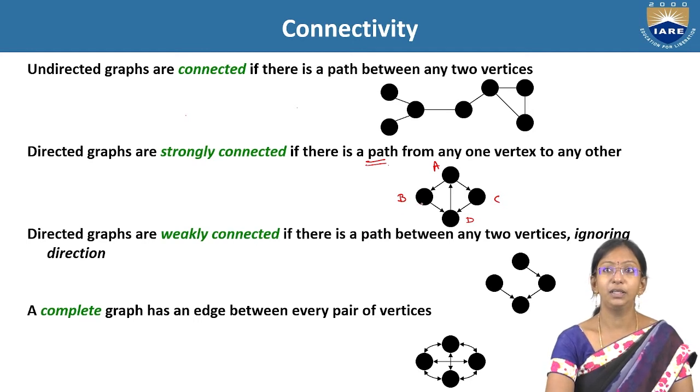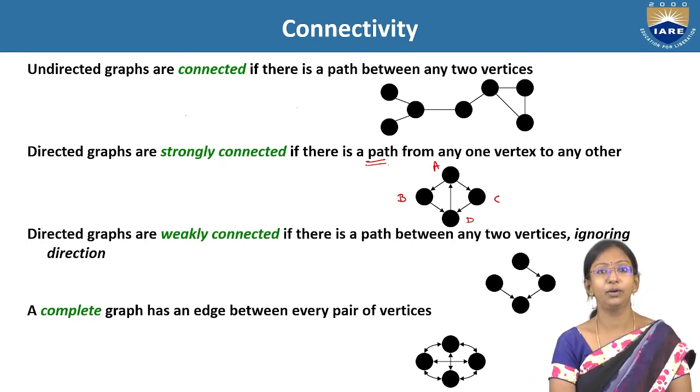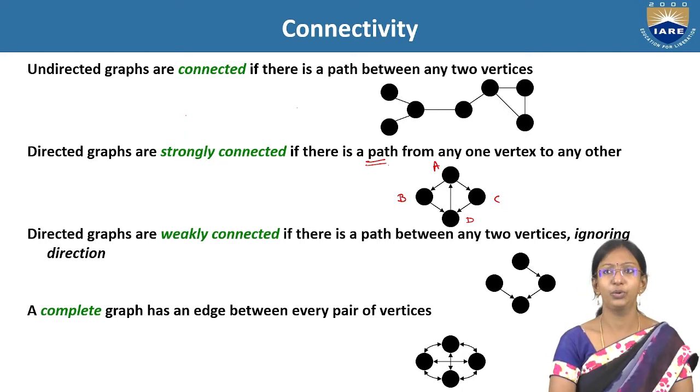Let's start with B. When we start with B, you reach D first, then A, then C. Is there a path or not? Yes, there is a path. Coming to D, they share an edge, not a problem, right? So from B, we can connect to all the remaining vertices through a path or via an edge.